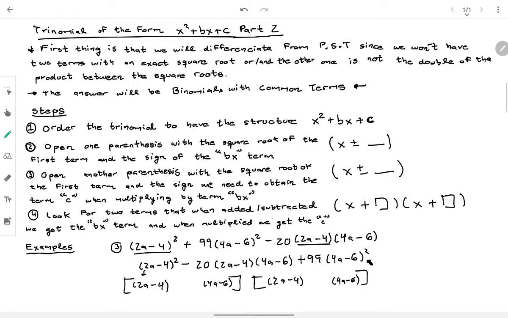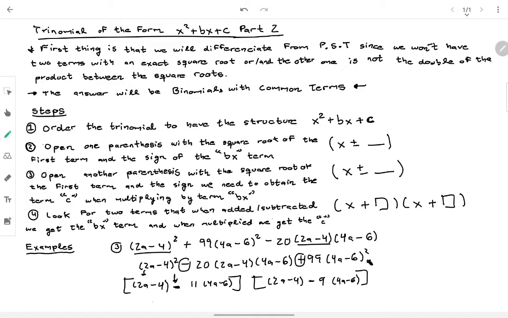We will put the minus sign, the bx sign, minus to become a plus, we need another minus, right? So we will look for two numbers that when multiplied give 99, and when added, minus 20. It will be 11 times 9, because 11 times 9 is 99, and minus 11 minus 9 is minus 20.